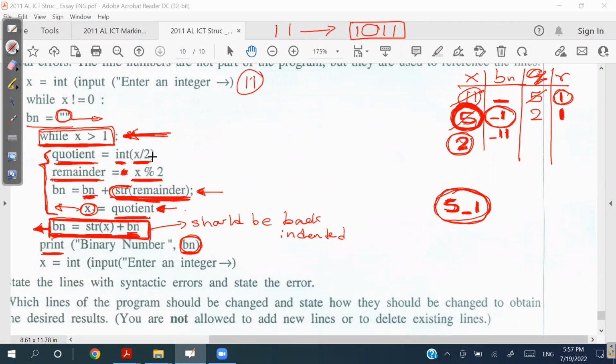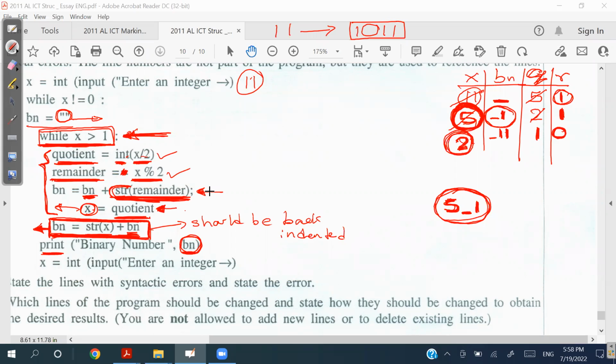So again divide by 2, convert into int and assign to the quotient. 2 divided by 2 means 1, so 1 is assigned to the quotient. Then the remainder: x mod 2 with x being 2 means there is 0 remainder, so it is assigned to r.